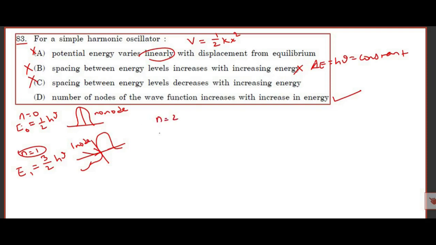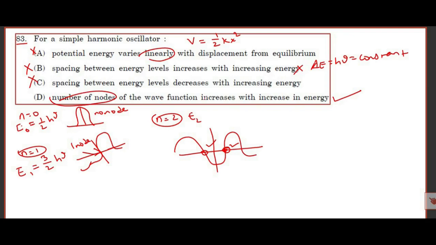When n equals 2, that is for E2, it has two nodes, 1 and 2. So the number of nodes of the wave function increases with increasing energy. Hence option D is correct.